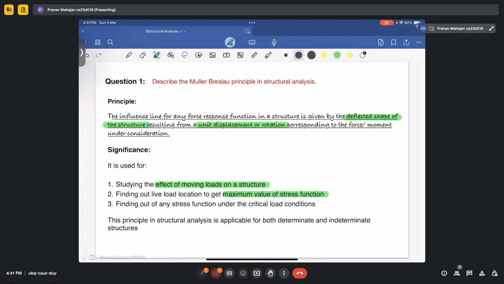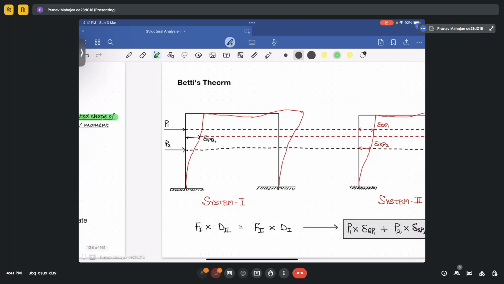It will help us calculate the effect of moving loads on the structure. It will help us determine the maximum value of stress in that particular member, and also check whether it is within the critical limit or not. Otherwise, we have to redesign that member.